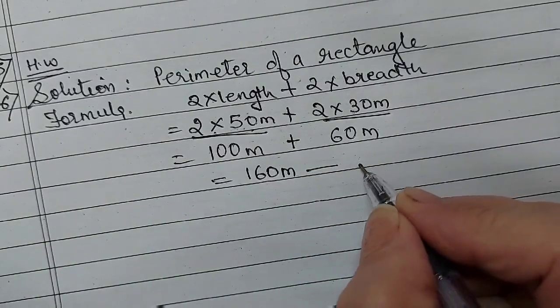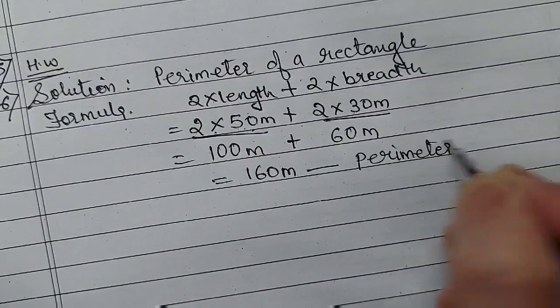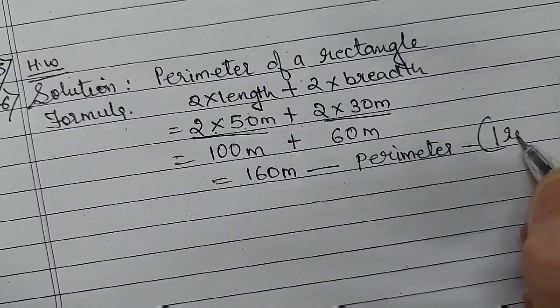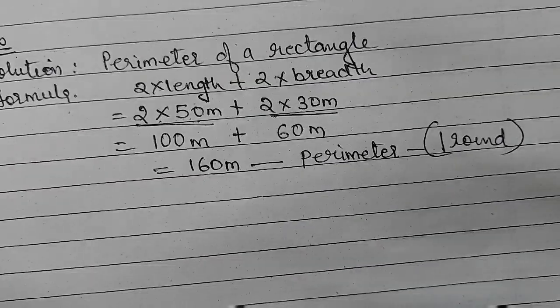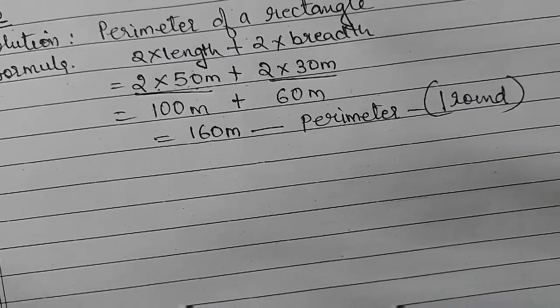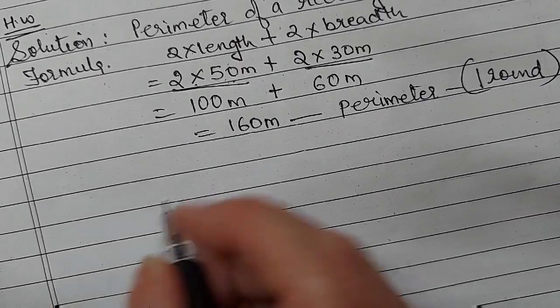Now this is what? Perimeter. Okay. Perimeter means it is 1 round. Now you have to find out for 3 rounds. 3 rounds fencing is to be done, no?